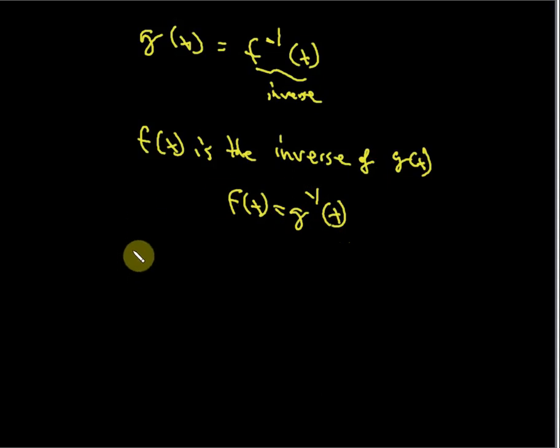So one thing you have to remember is that f of negative 1 of x is not equal to 1 over f of x. That's a common mistake I see all the time.